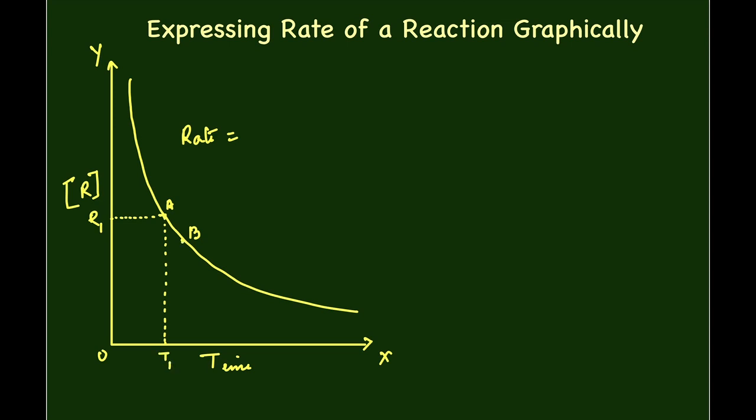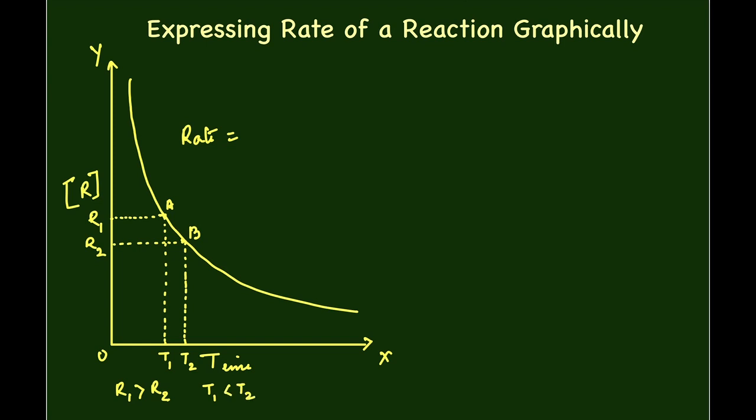For B, similarly, this point corresponds to R2 and time T2. Now it's quite clear that R1 will be greater than R2, because initially the concentration of the reactants is high, but T1 is less than T2.